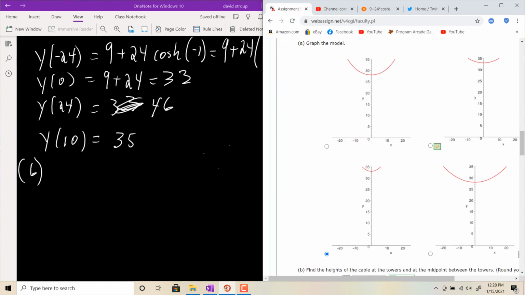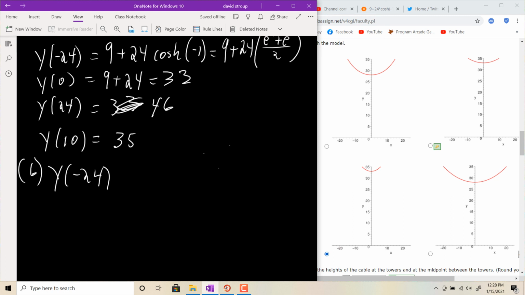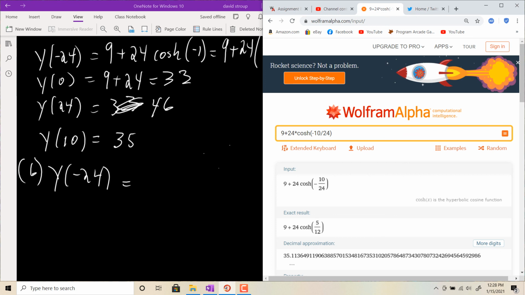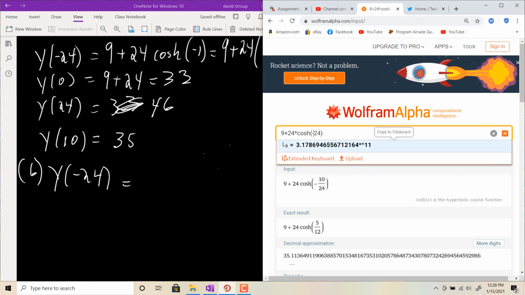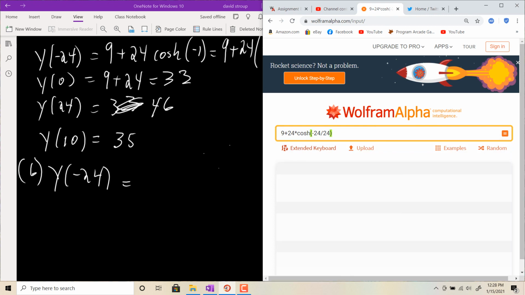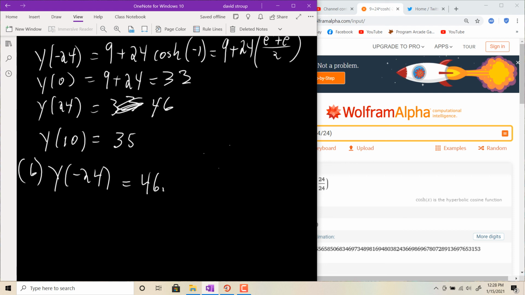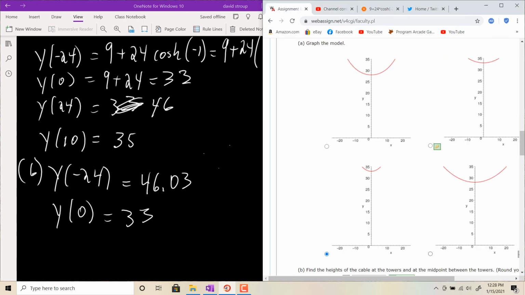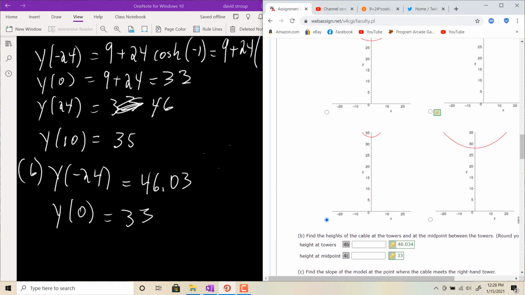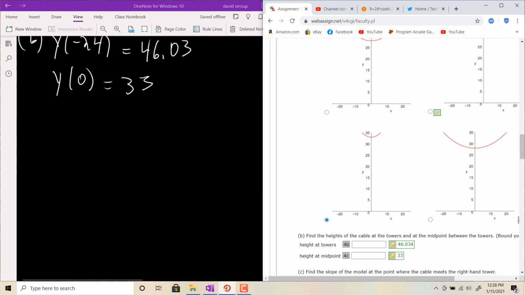So you need to figure out y of negative 24, which we already did, which is 46.03, and that's the height of the towers. And then the midpoint height is y of 0, which is clearly just 33 if you plug 0 in there.